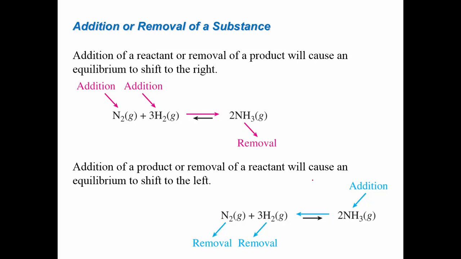If we add more product, we have to shift away from that addition in order to alleviate that stress. If we remove one of our reactants, then our product will answer that call by shifting towards the production of more reactants in order to alleviate that stress.